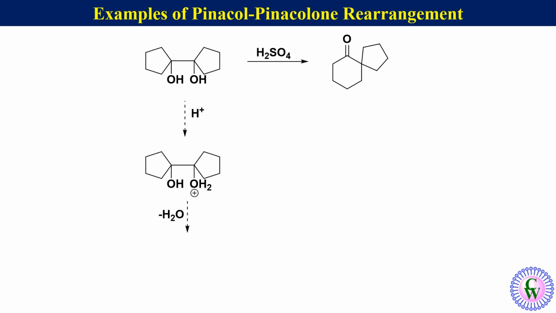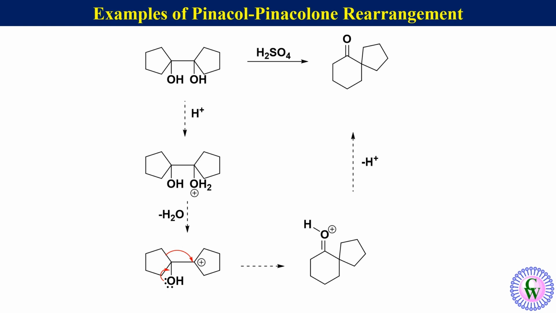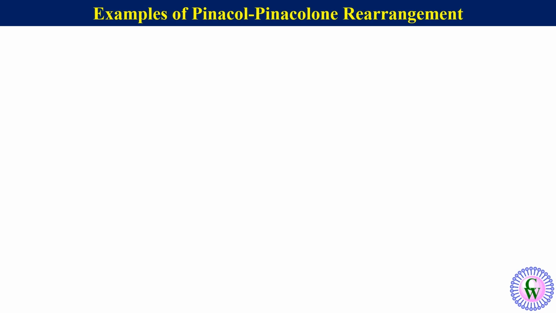Removal of water molecule gives carbocation. Migration of C-C bond, which is assisted by delocalization of lone pair of oxygen, causes ring expansion to produce protonated spiro[4.5]decan-6-one, which after deprotonation gives spiro[4.5]decan-6-one.